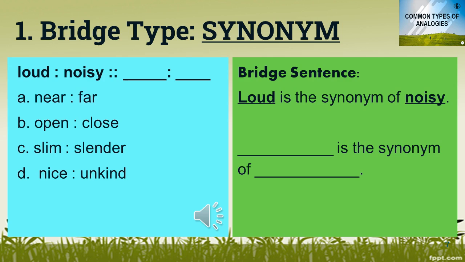Okay. And then letter D. Nice is the synonym of unkind. Okay, this is incorrect. The correct answer is letter C. Slim is to slender. So loud is to noisy as slim is to slender.